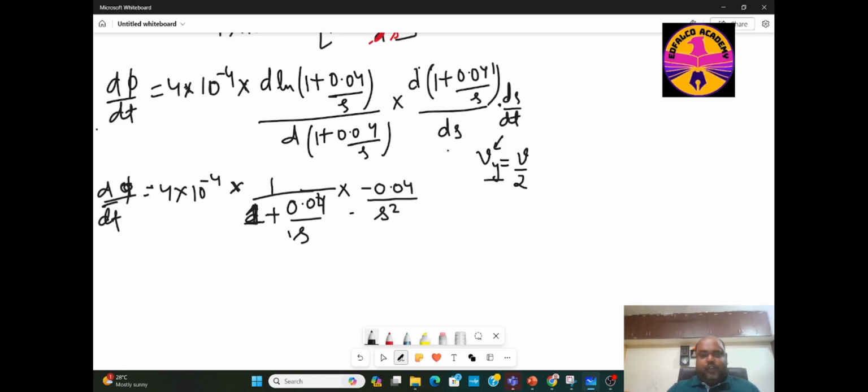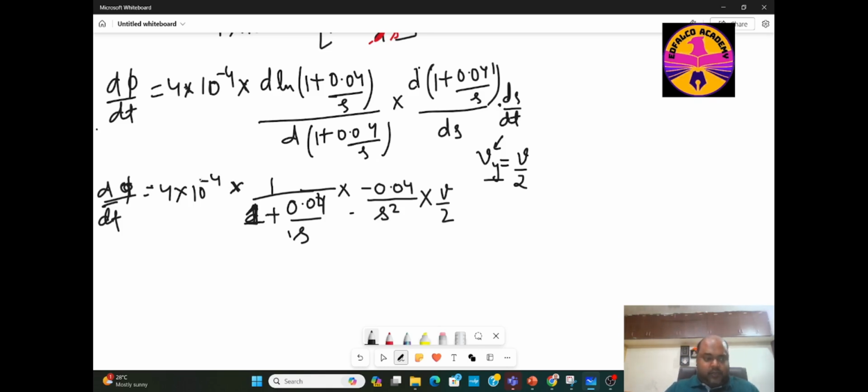So d of s to the power minus 1 will become minus s to the power minus 2. So it is minus 1 by s square into 0.04, which remains. This is the entire differentiation of this quantity, and then we have multiplication with v by 2. So this is the overall d phi by dt.